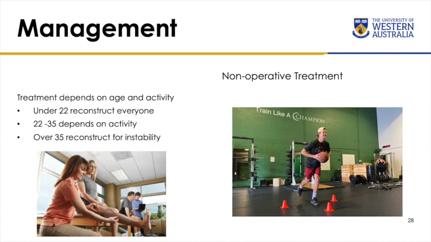For ages 22 to 35, it depends on the patient's level of activity, but again, more commonly we tend to reconstruct. And for any patients over 35, we try to treat non-operatively unless they're having ongoing instability, either at work or with sport.